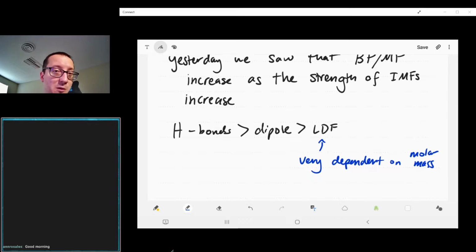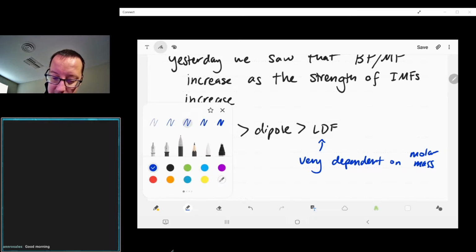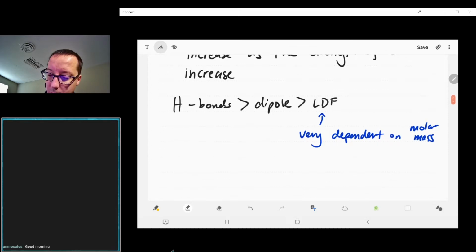You're going to see which ones will have the higher boiling points or melting points, which ones have the lower ones. You'll be able to judge that based on these intermolecular forces. So that'll be part of your homework there.